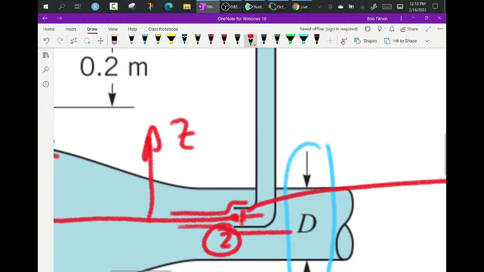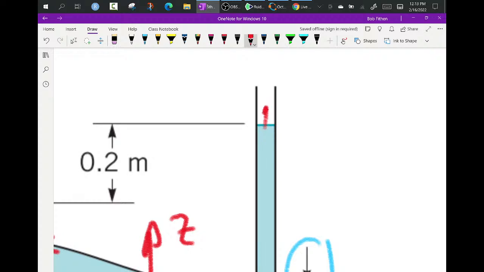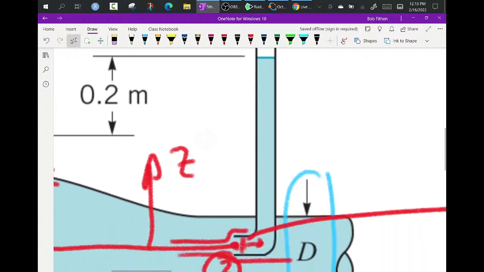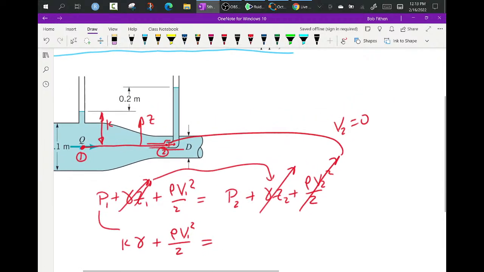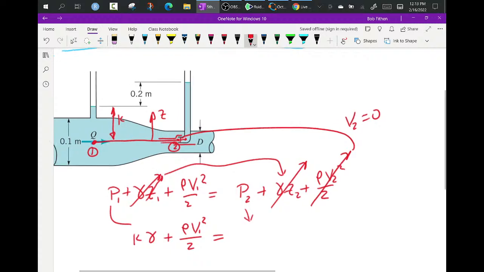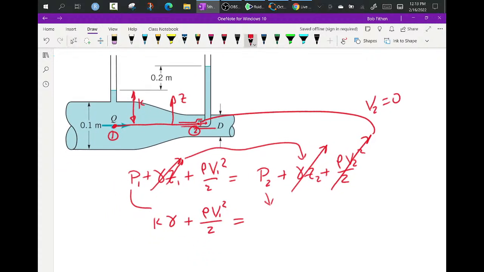Otherwise, if it had a velocity with it, it would flow out the top. Now, in fact, if this is too short, the water can flow out the top if the manometer tube is not tall enough. And then you won't get stagnation, you'll just get leaking onto the floor. But for this particular case, we've drawn it as though it's stagnating on the top. If you want to write P2, you would just basically say 0.2 plus the K times the gamma. That's the pressure that you take in order to go down to that 0.2.